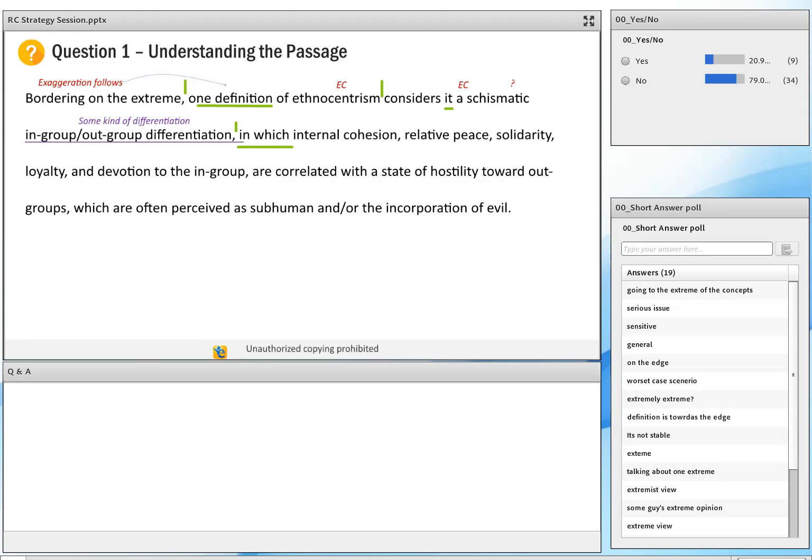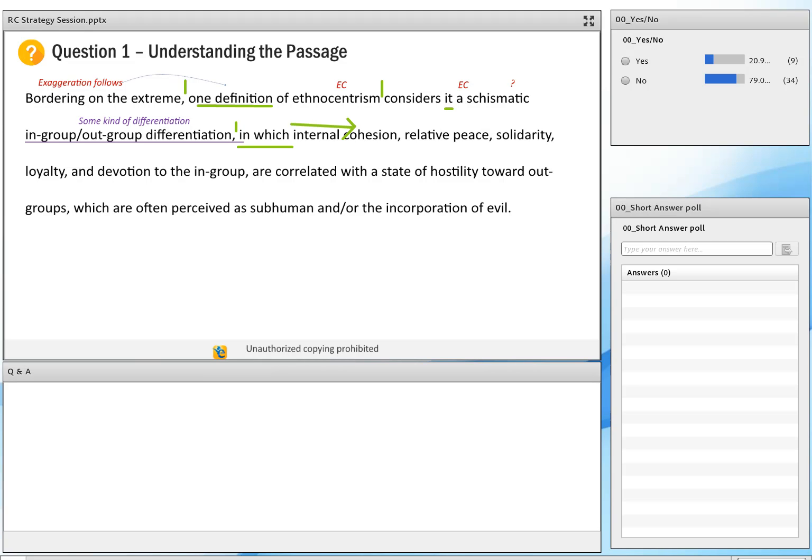So what have I learned about the definition till now? That according to this extreme definition, this definition considers EC some kind of differentiation, right? Now I read what comes next. In which, what is this part going to explain to me? Even before I read the next part, I should know what is the role played by this part.